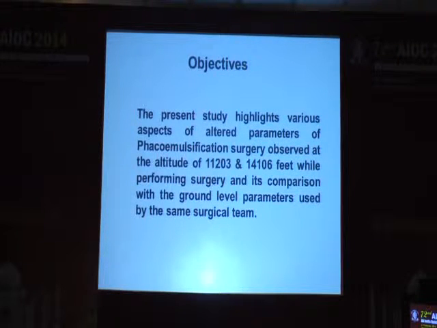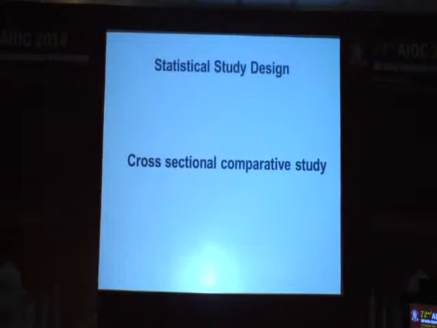With this objective, we have designed this study at the altitude of 11,203 feet, that is Leh, and 14,006 feet at Tangtse, which is around 140 kilometers away from Leh. This is a cross-sectional comparative study.